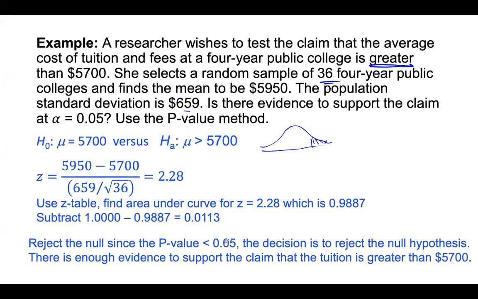So our p-value is less than our alpha. It's hard to see. Yeah, it's less than. So therefore, the decision is to reject the null hypothesis. So there is enough evidence to support the claim that the tuition is greater than 5,700.